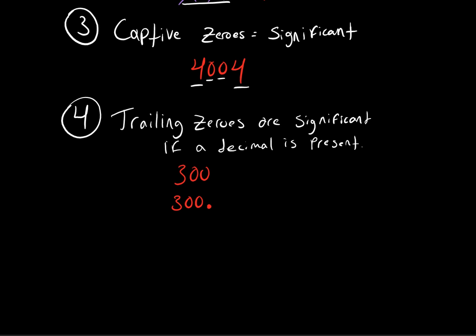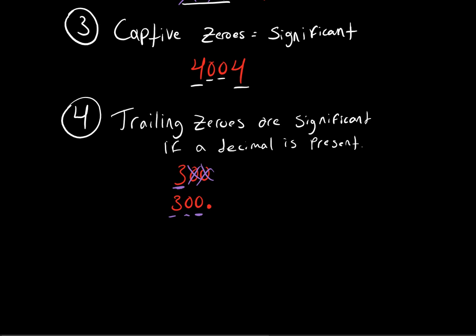The first 300, these trailing zeros, these last places, we're not sure of them. We consider them rounded because there's no decimal there telling us where it ends, so the only significant number here is going to be that 3. So these two are not significant. When you see the decimal, though, that's telling you it's 300 on the dot. This is the last place here. That last 0 is the last one that we're sure of, especially when it comes to rounding. That last value is our last significant value here.